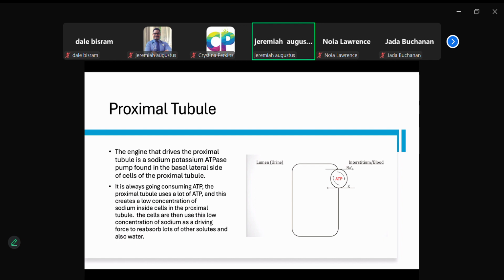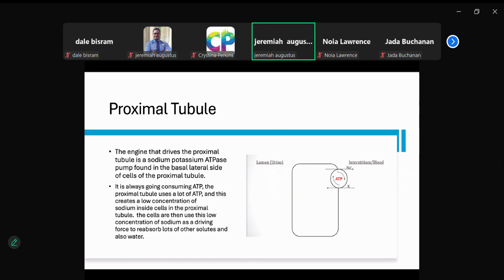So what it's doing is setting up a gradient. It's setting up a high concentration gradient of potassium inside the cell, and a low concentration gradient of sodium inside the cell. And from that, it is going to use normal diffusion along concentration gradients in order to move different solutes around. I just find that so amazing.